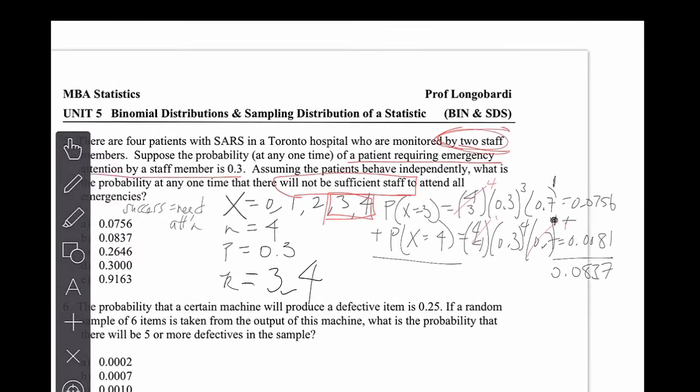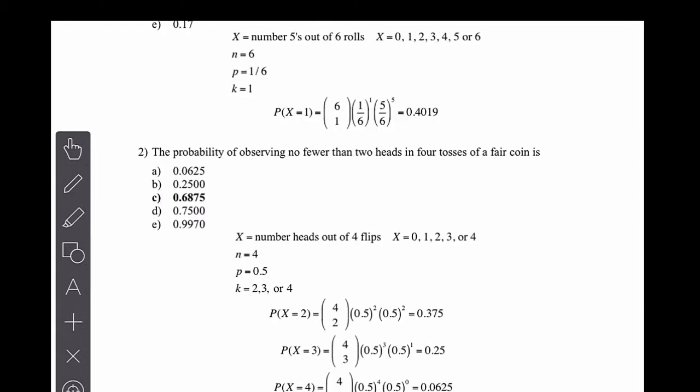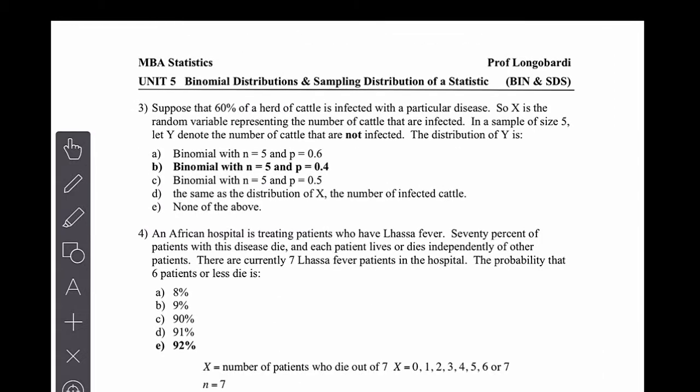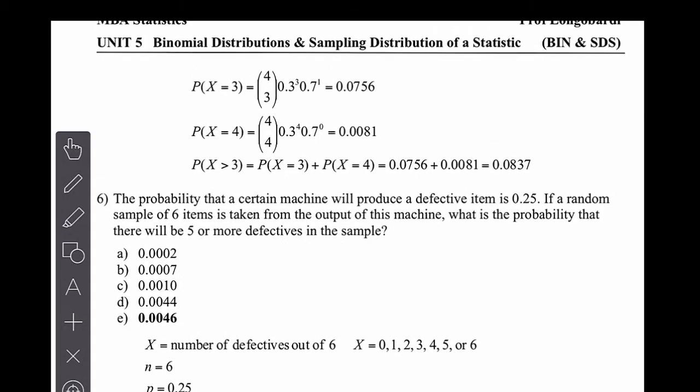And let me double check. That's the answer. Okay, so I wrote it up nice and neat here. This is what we just did, computed, and then I wrote it like this: x greater than or equal to 3.